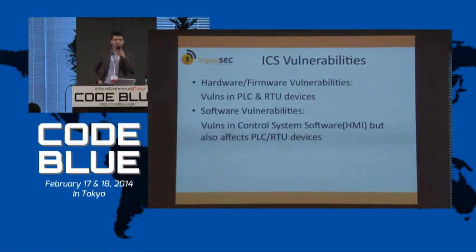So when we say ICS vulnerabilities, as we said, there are many components of a SCADA system. One of them is PLC devices, RTU devices, and at the other end, HMI software. I call vulnerabilities in PLC devices hardware and firmware vulnerabilities, and software vulnerabilities are bugs in HMI applications.